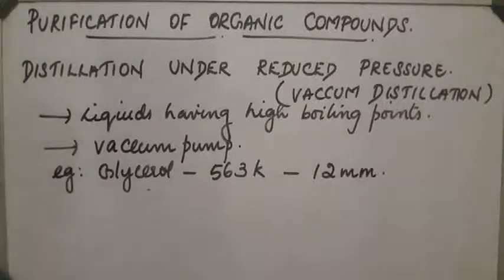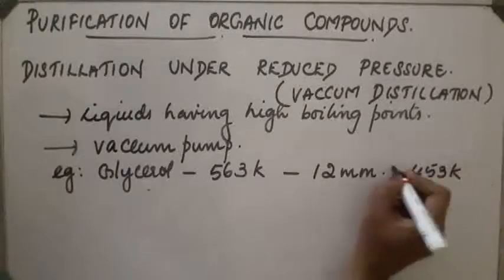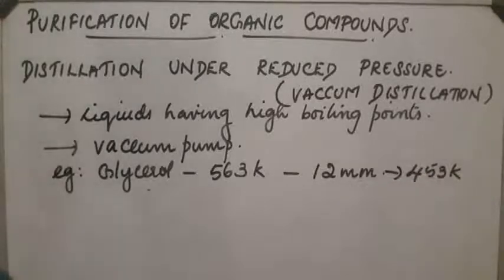As a result of this, its boiling point also decreases to about 453 Kelvin. So, the original boiling point is 563, and on reducing pressure, its boiling point decreases to 453 Kelvin. So, we can easily distill this compound.